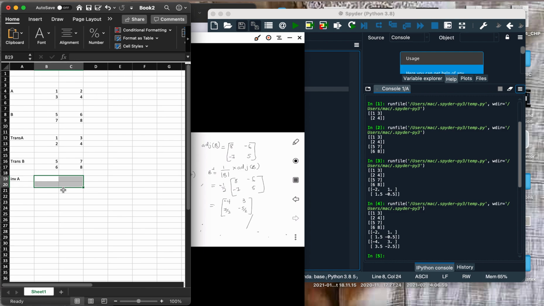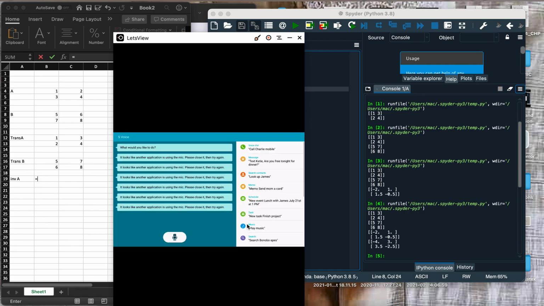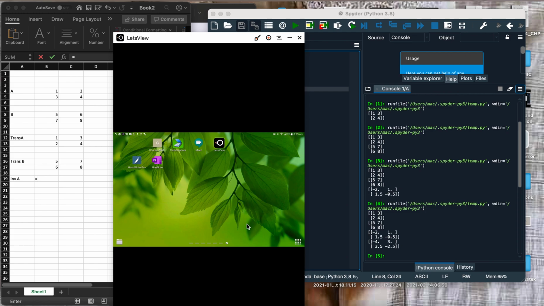Every formula in Excel starts with an equality sign. So equal to, we're finding the inverse of a matrix. And the inbuilt function in Excel that does the inverse of a matrix is called MINVERSE.